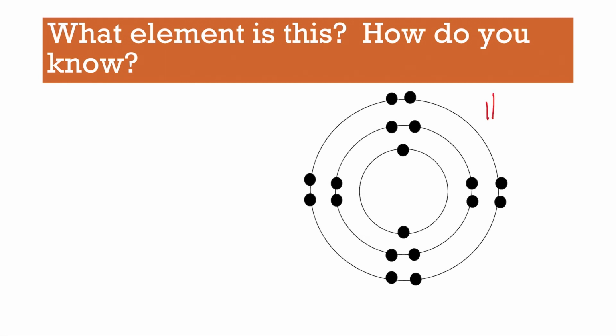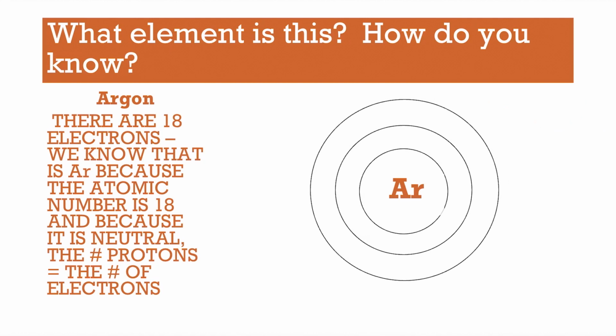I'll give you a hint. The number of electrons is 1, 2, 3, 4, 5, 6, 7, 8, 9, 10. So 2, 10, 18. Okay. So you have 18 electrons. What element is that? You should say it is argon.